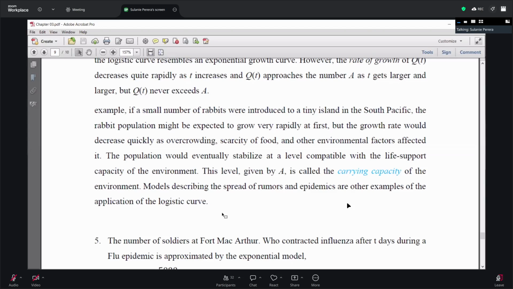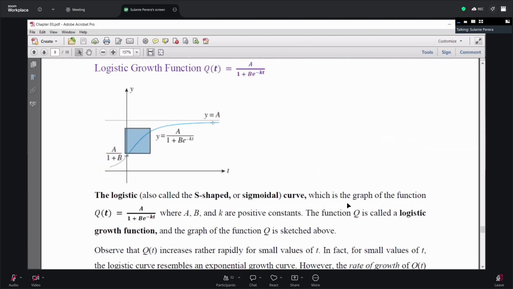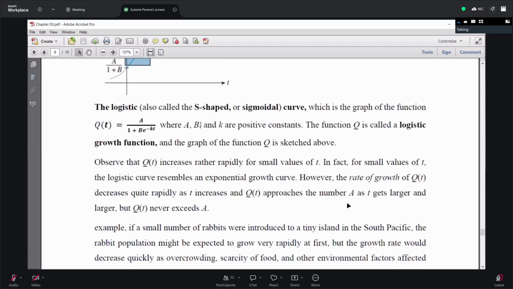And eventually the population will stabilize at a certain level. With the life support capacity of the environment, it will settle at some level and it cannot go beyond this level. This level given by A is called the carrying capacity, y equals A, right? That is the maximum the environment can hold. So that is called the carrying capacity.